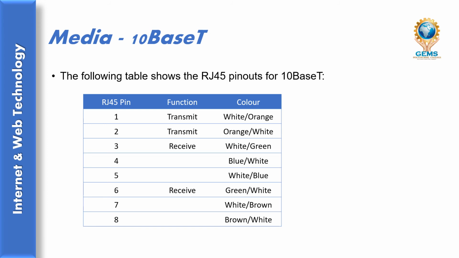Pin 1 function is transmit the signal, and the color is white and orange. Pin 2 is also transmit, and the color is orange. Pin 3 function is receive, and the color is white and green. Pins 4 and 5 are empty. Pin 6 function is receive, and the color is green. Pins 7 and 8 have no function.